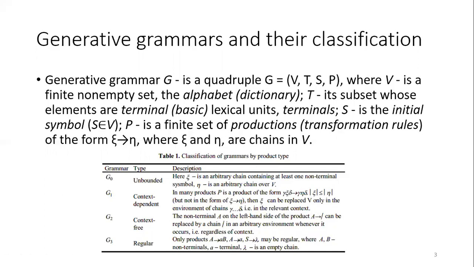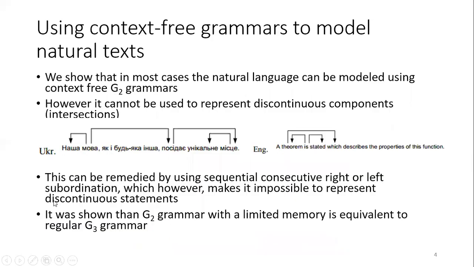G2 is context-free grammar, where the meaning of a terminal does not depend on context, and then regular grammar, where additional limitations are imposed on productions. So we have four different types of grammar, and every next type is simpler than the previous one, simpler to handle.